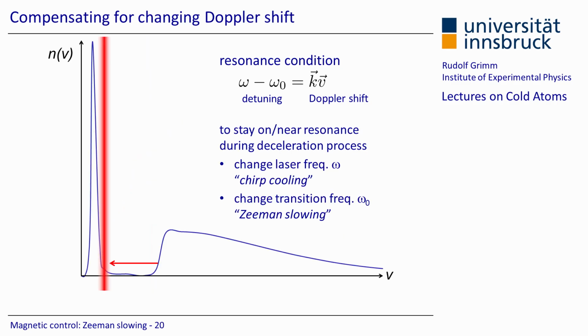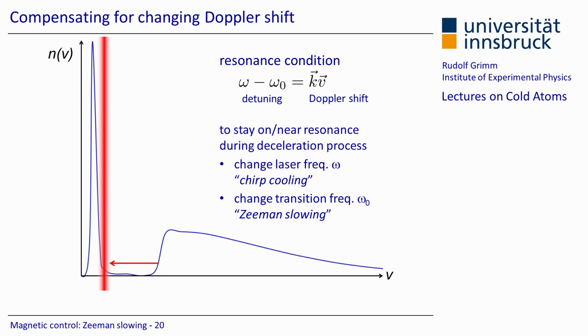To achieve a high flux of cold atoms, we want to slow, in an ideal case, all atoms below the most probable velocity down to nearly zero. But during the slowing, the resonance condition changes. There are two ways to deal with that.